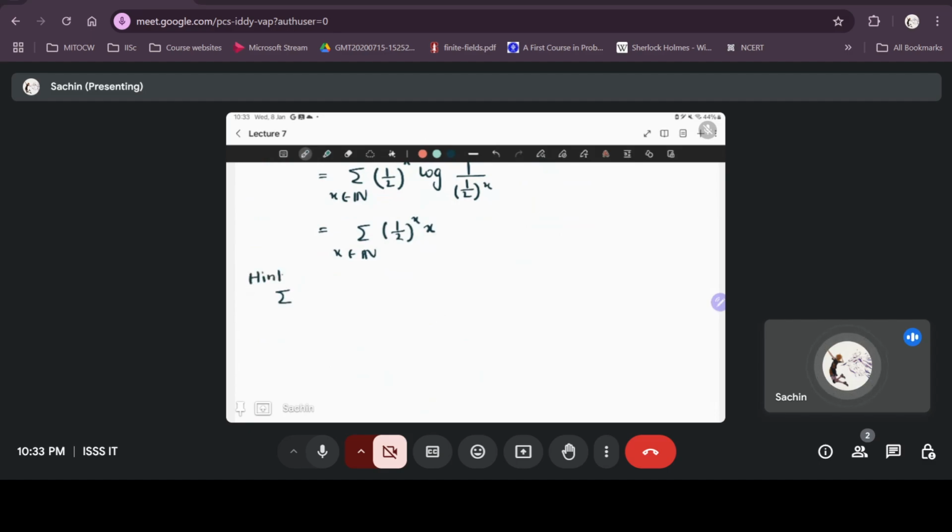So the hint is this: summation n equal to 0 to infinity of n r power n is r over (1 minus r) whole square. This is also equal to summation n equal to 1 to infinity of n r power n, because when n is equal to 0, this is 0.